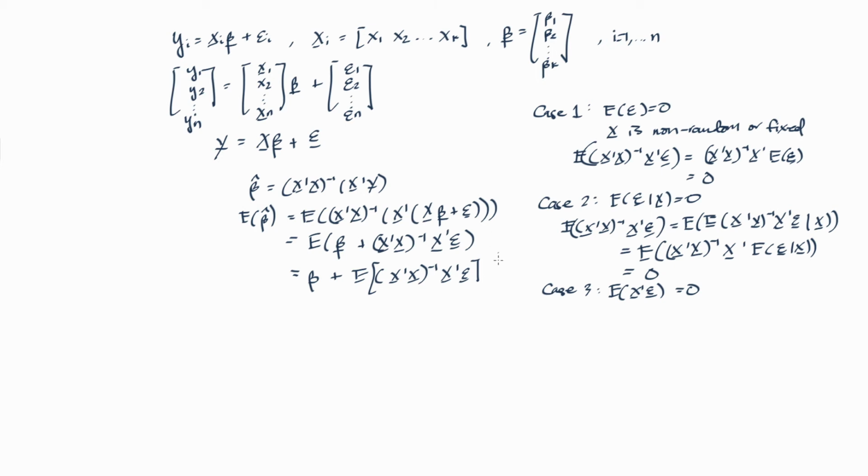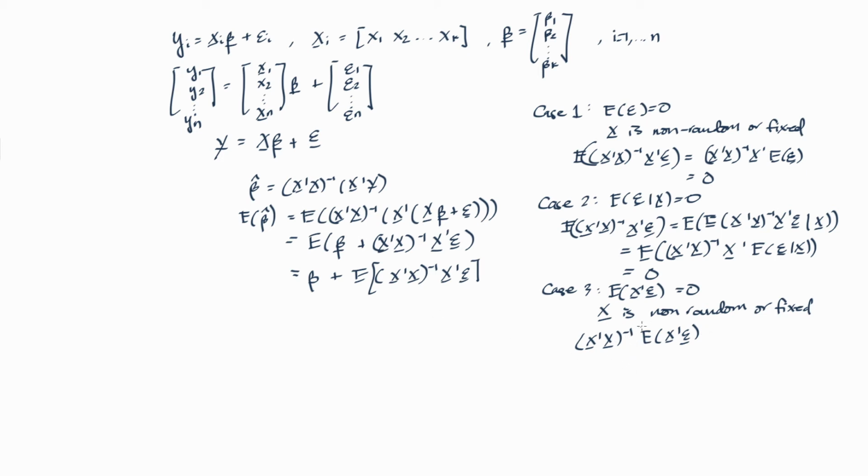Now for this type of derivation, we need to assume that X is non-random or fixed, so that we can factor out (X prime X) inverse from the expectation, giving us (X prime X) inverse times the expectation of X prime epsilon. And based on our assumption, this becomes 0, and the whole expression is equal to 0.